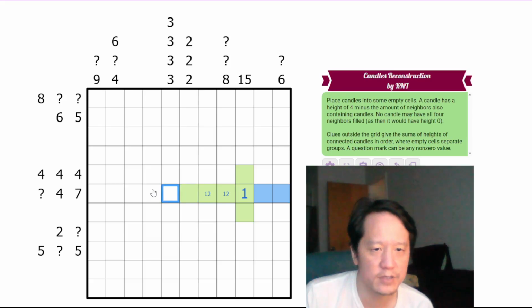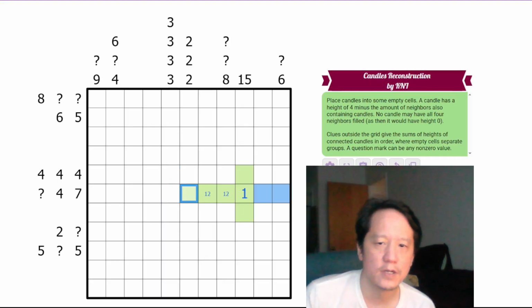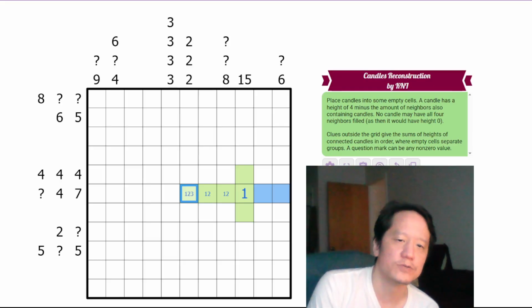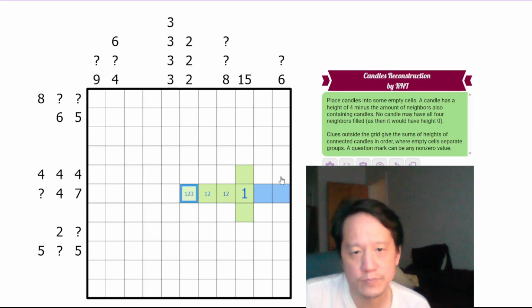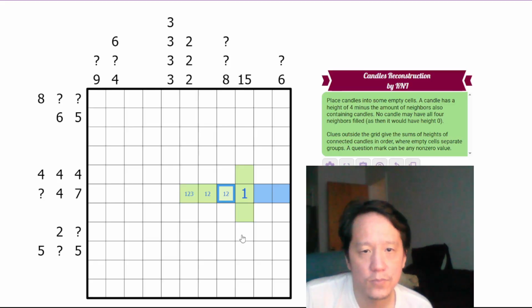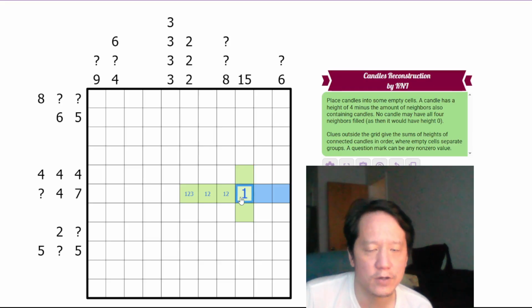We have space for a blank. So this could be, we don't know, it could be 1, 2, or 3 here. So this is 1 here.